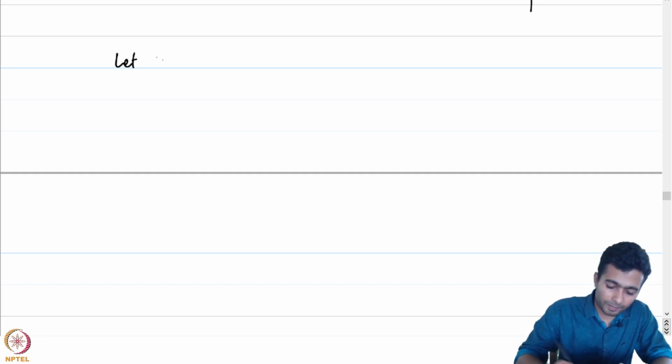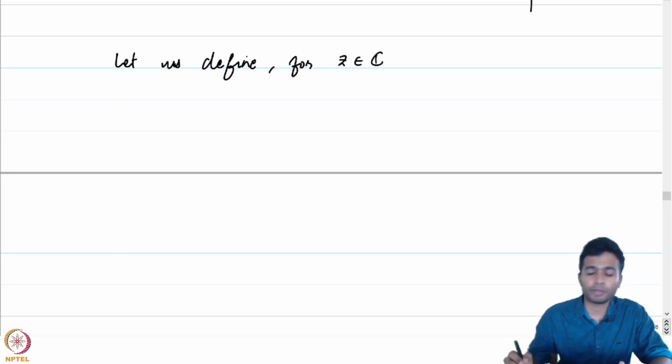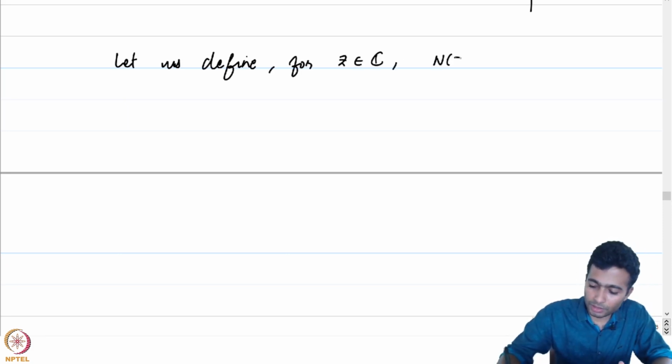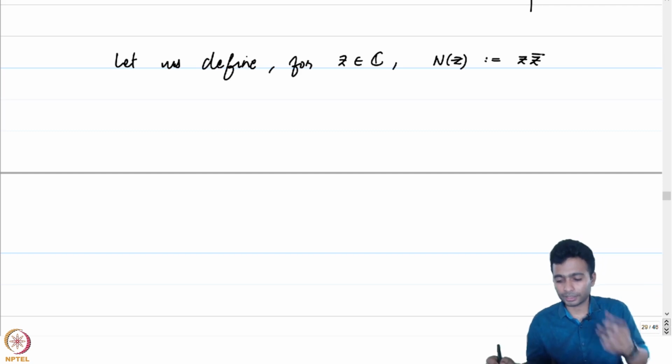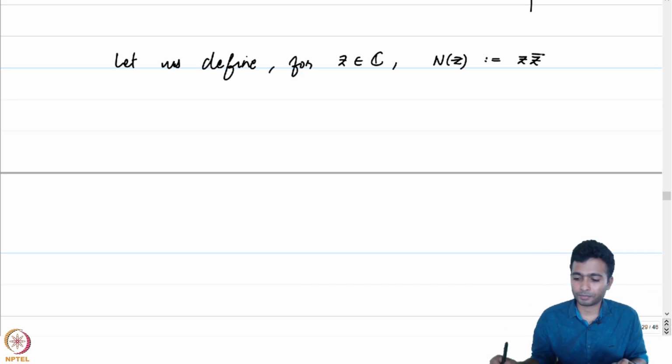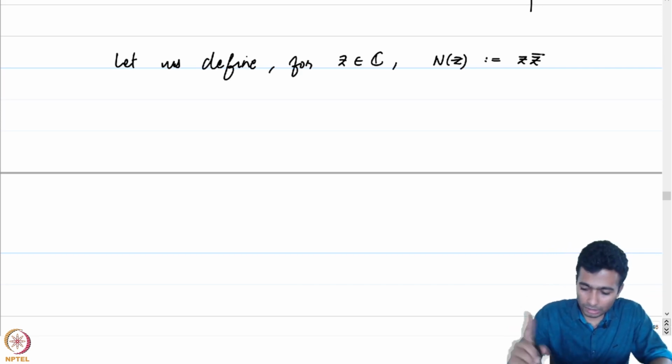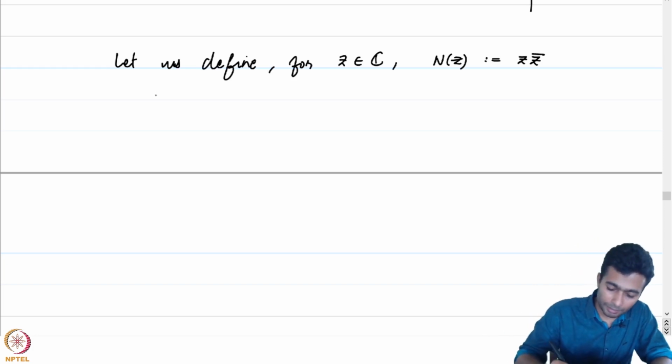So for z in C, let's take any complex number, and define n of z to be z times z bar. It takes a complex number z and gives you another complex number z times z bar. So this is a function from C to C. There are a few observations we can immediately make. What is n of z bar?